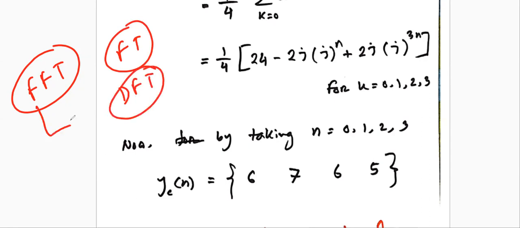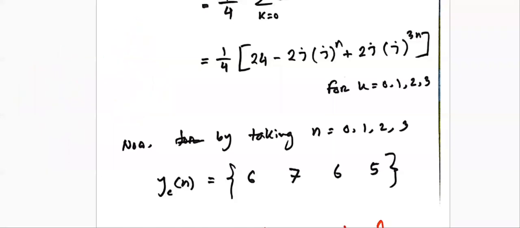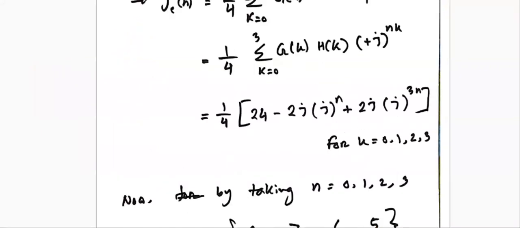That's why it is called the fast Fourier transform. It is not a particular algorithm. There are a number of algorithms that are used for making the discrete Fourier transform faster. Altogether, everything is known as the fast Fourier transform. So in the next class, we'll talk about this.